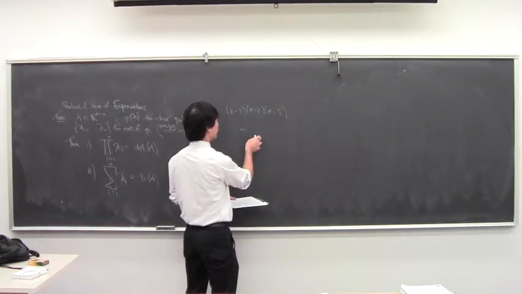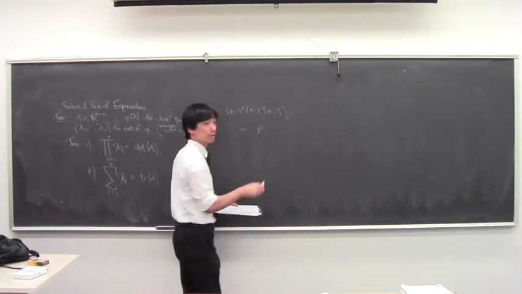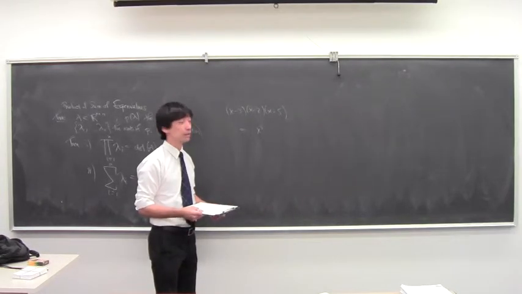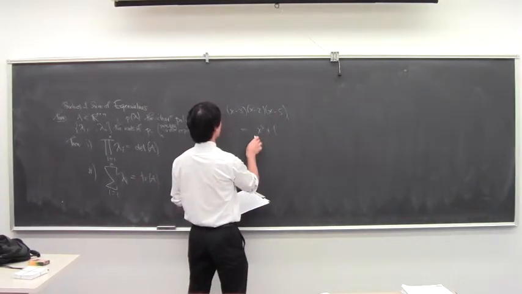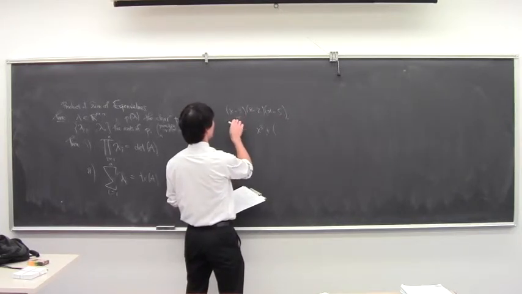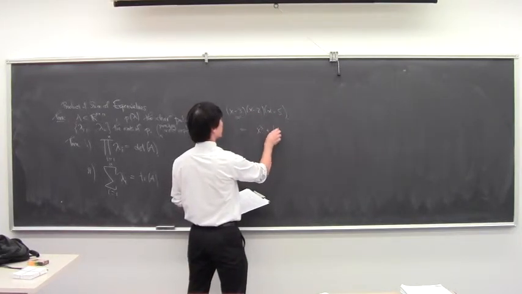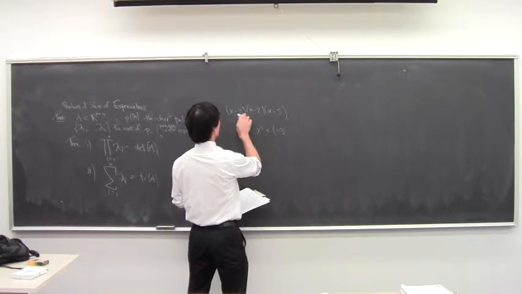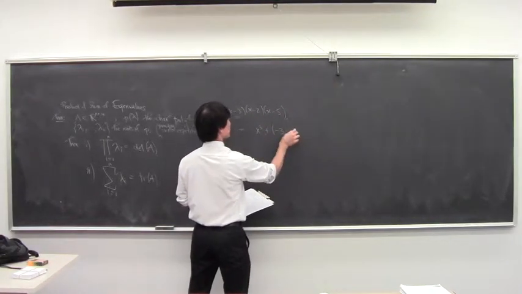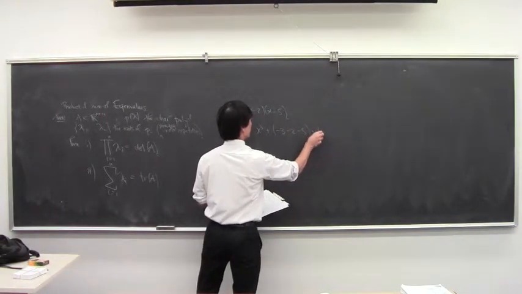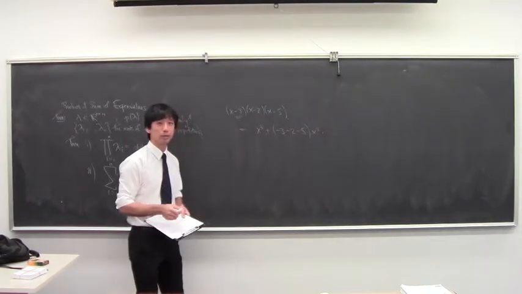How many x cubeds do I have? I have 1 x cubed, there's only one way to get x cubed. How many x squareds do I have? Well, I could have minus 3 times x times x, minus 2 times this x times this x, or minus 5 times this x times this x. So I have minus 10 x squareds.